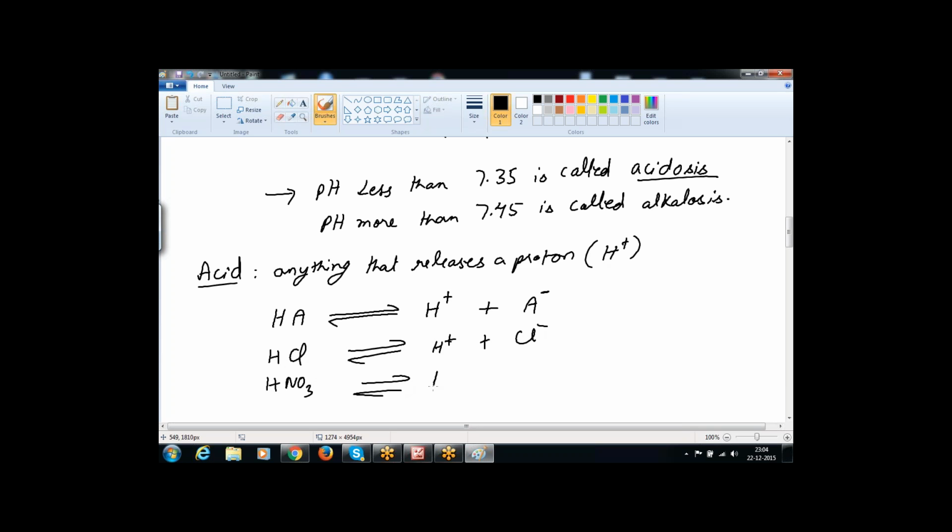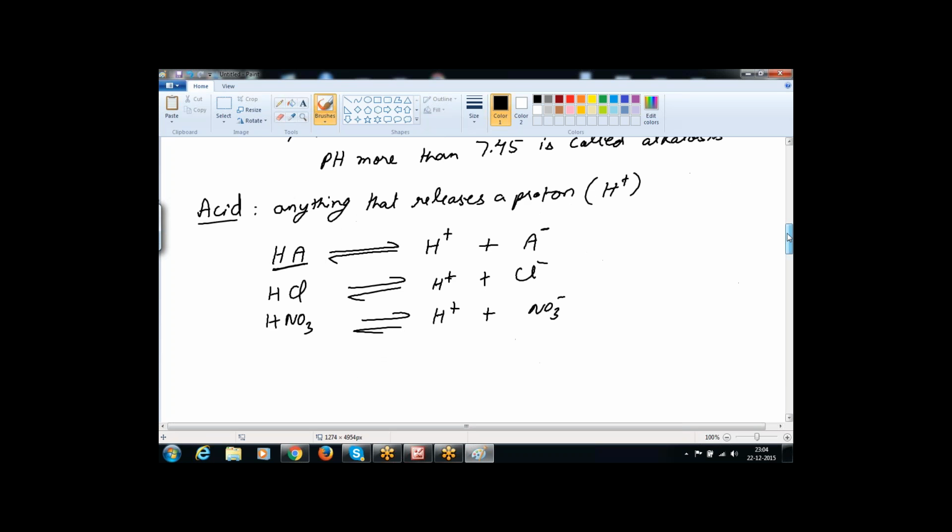When HNO3 splits, it will give H positive plus NO3 negative. This is just an example. Any negative ion with H will be present in an acid. Remember, this is the hydrogen ion, and this is the negative ion produced. It is called the conjugate base.